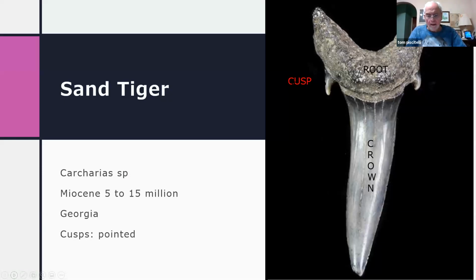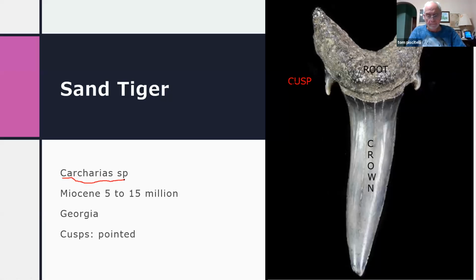Under the common name sandtiger, and Bronwyn, would you put the pointer to the scientific name? Under the common name sandtiger is the scientific name. The genus is Carcharias, but the scientific species name is the letters sp.